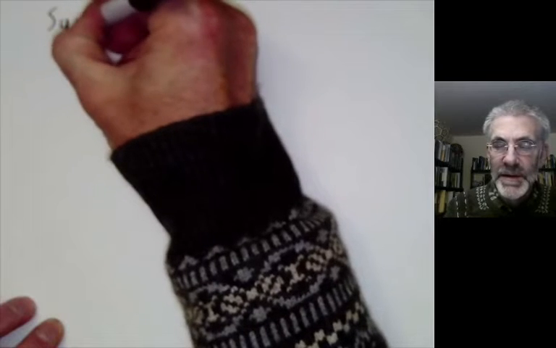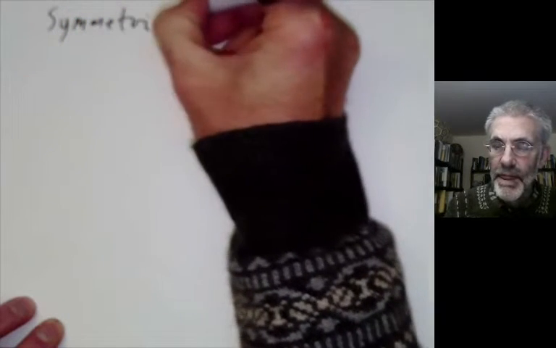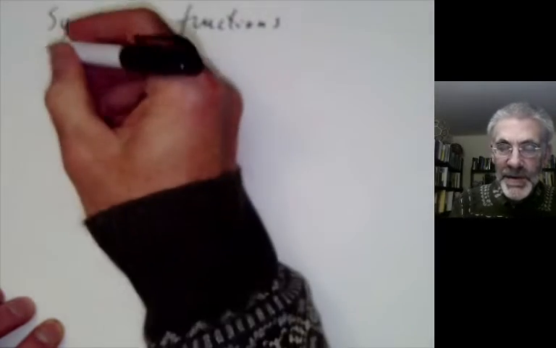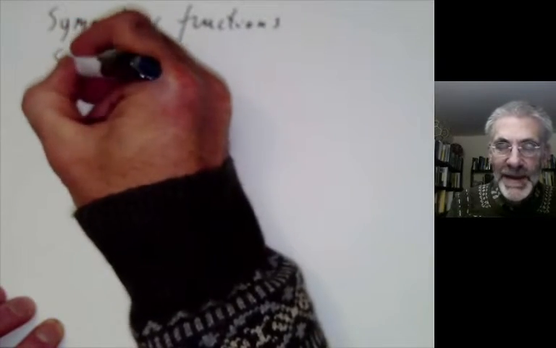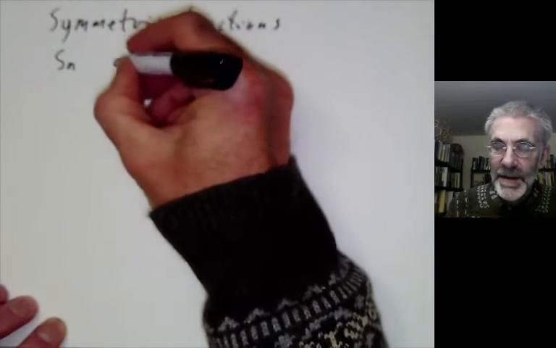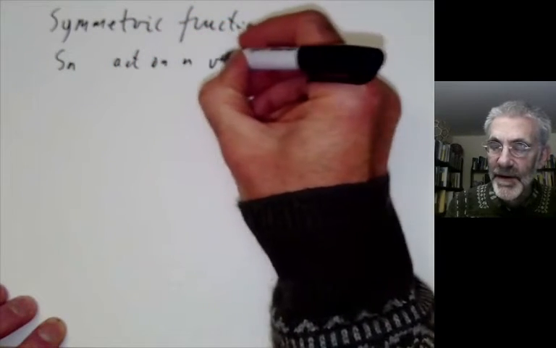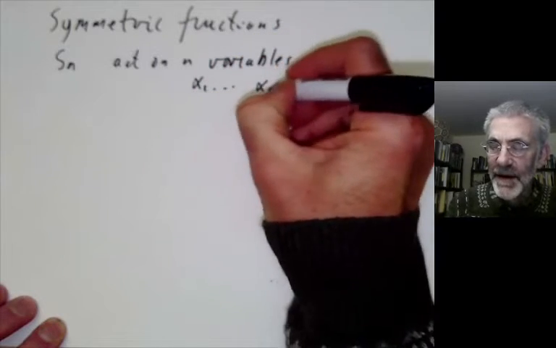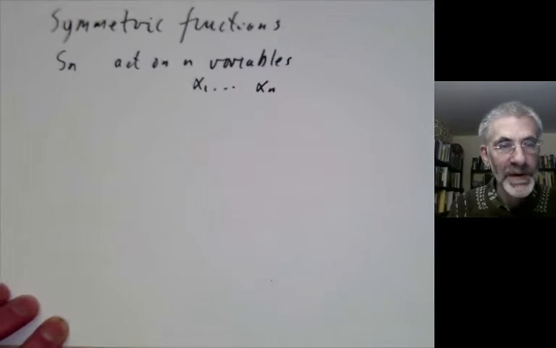This lecture is part of a series of lectures on rings and modules that will be about symmetric functions. So we recall what these are. Suppose you've got the symmetric group Sn, and it can act on n variables, let's call them alpha 1 up to alpha n, by permuting them in the obvious way.